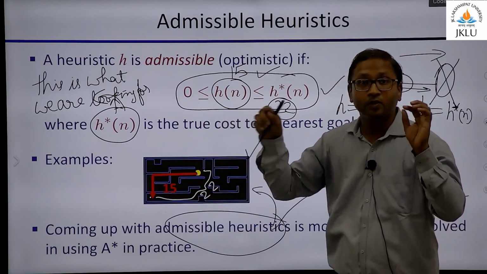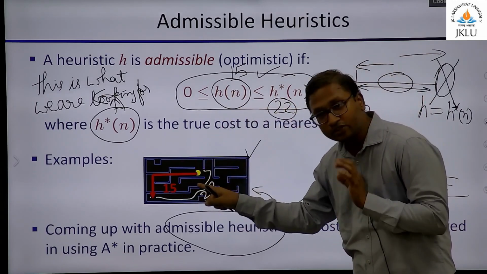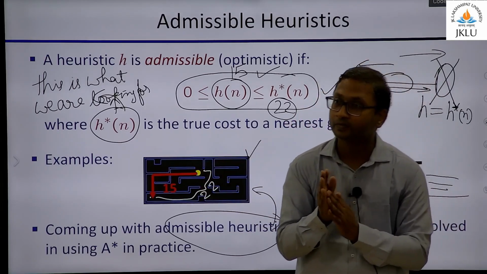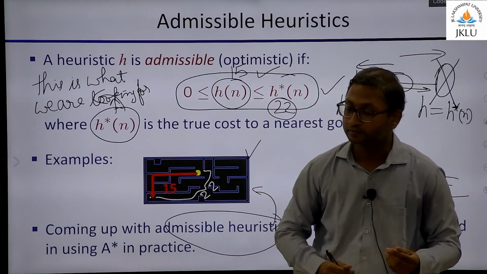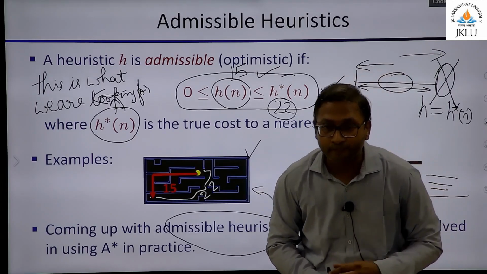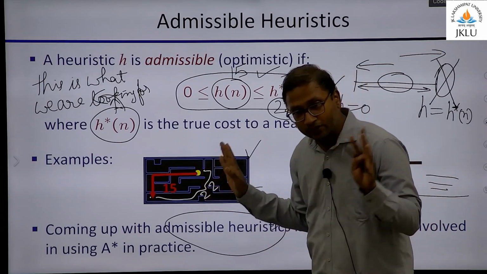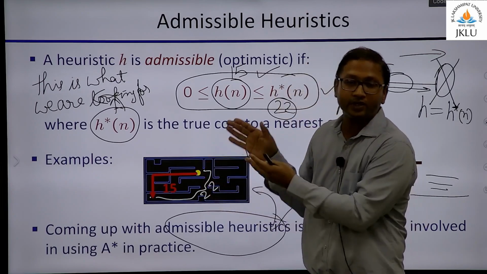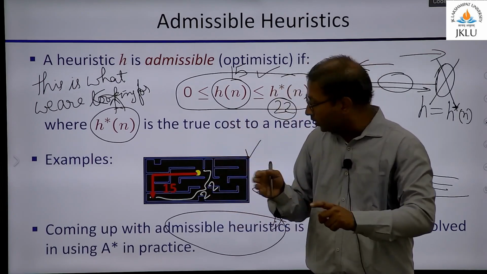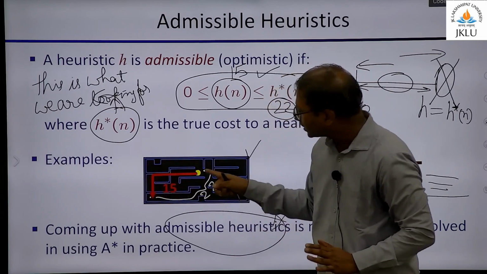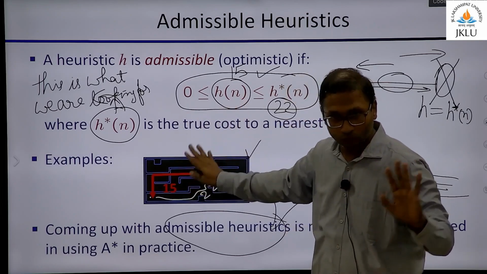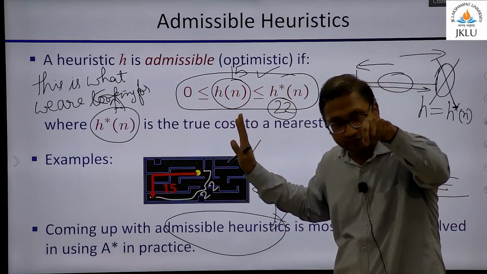Hn is 15. Because no matter what is the optimal path here, it certainly can't be lesser than 15. Sorry? Best path. I don't know what is 22, because see, if I knew best path has a cost 22, why would I solve? So I am given this maze, so think of this as a very big maze, jisme we can't really imagine what is the best path until we go and compute.